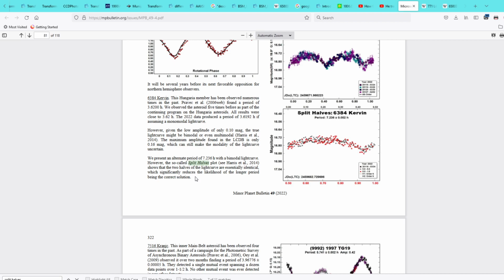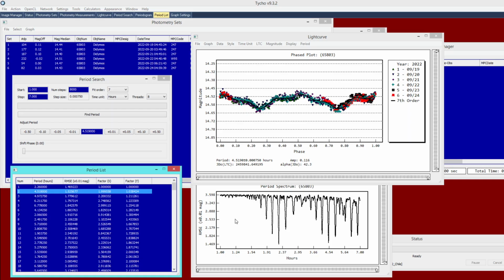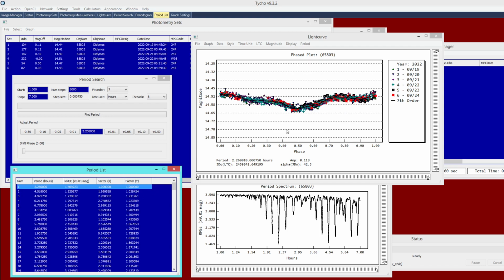For our purposes here, I have added this kind of functionality into Tycho. So if you were working with this kind of object and you wanted to know, should it be this longer period that has a clearly bimodal curve, or should it be the shorter period that is not bimodal?